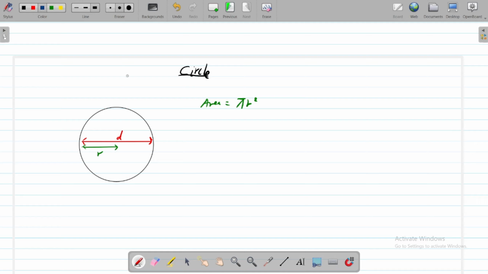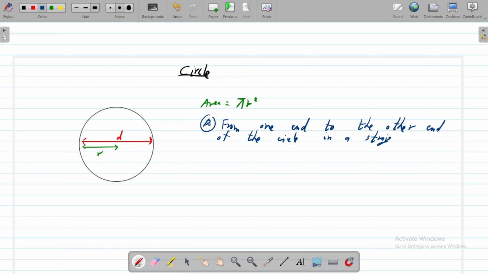So let's write the rule that from one end to the other end of the circle in a straight line is the diameter.